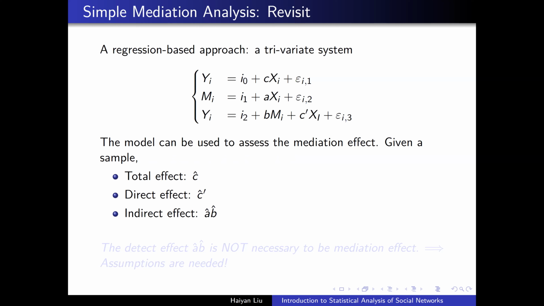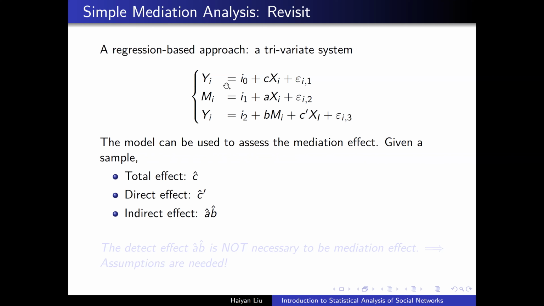In this system, there are three variables, X, Y, and M. X is the independent variable, Y is the dependent variable, so X predicts Y. C will be the total effect, the total effect that X impacts Y. M is the mediator. So we have a regression from the independent variable to the mediator, and meanwhile, we also have the regression model from both the independent variable and mediator to the outcome variable.